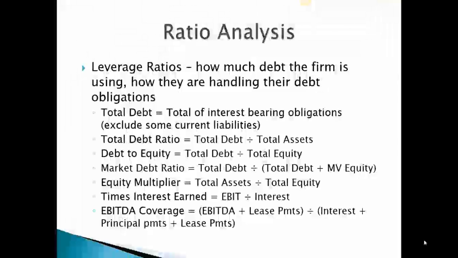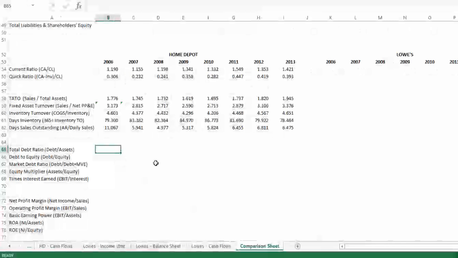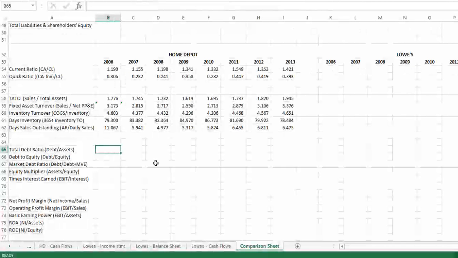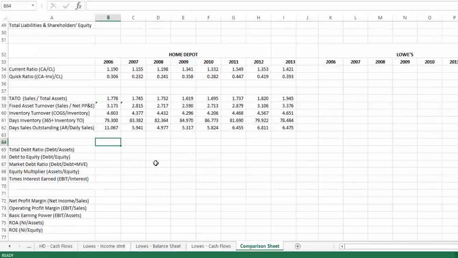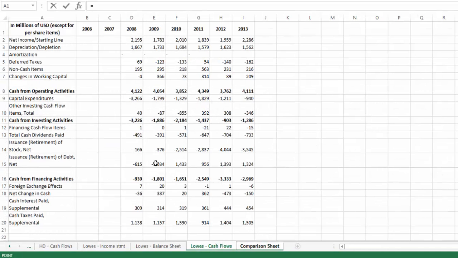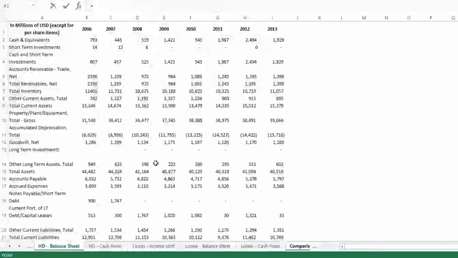So let's look at our Home Depot and calculate each of these ratios. So the total debt, again, is going to be equal to all the interest-bearing obligations. And so I'm going to, just in this cell right above, calculate what that number is. So let's go to the balance sheet. That's where all of our debt obligations are going to be.